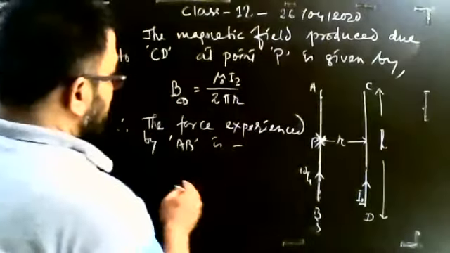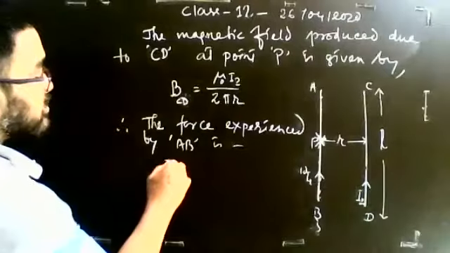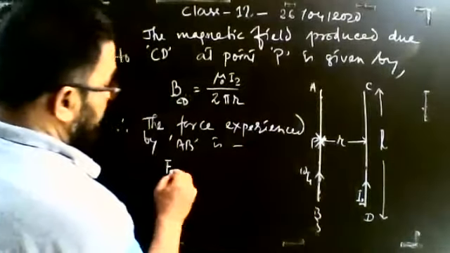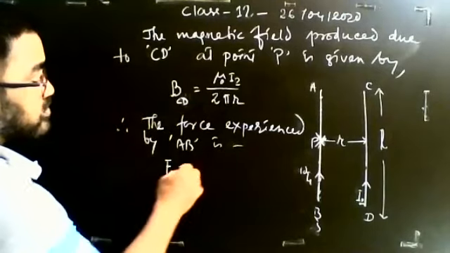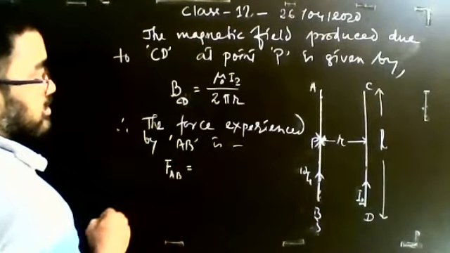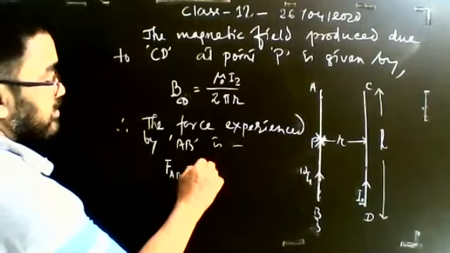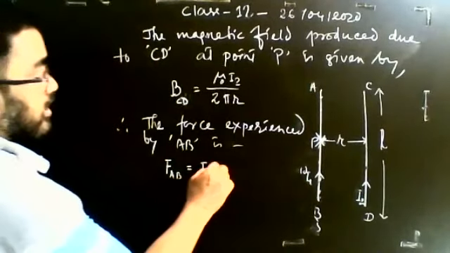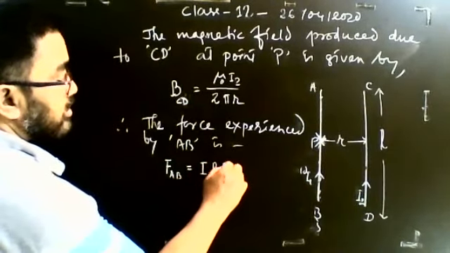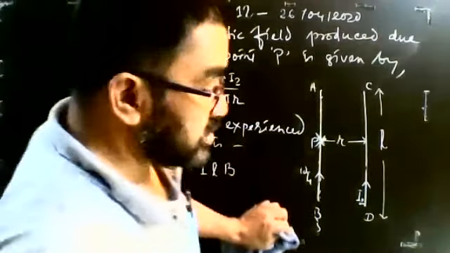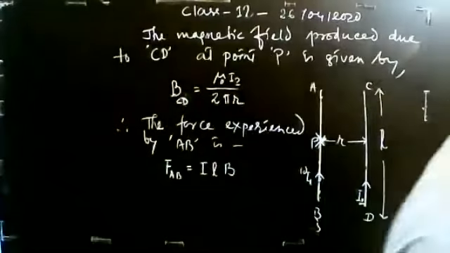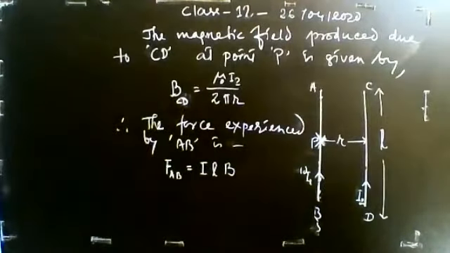So say this is the force experienced by AB. Force AB, the magnitude of force, is I L B sine theta, because theta is 90 degrees here. Okay, so these are perpendicular to each other.